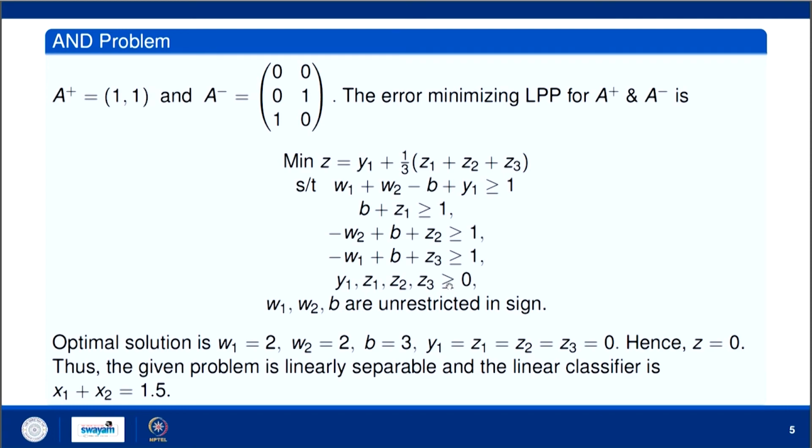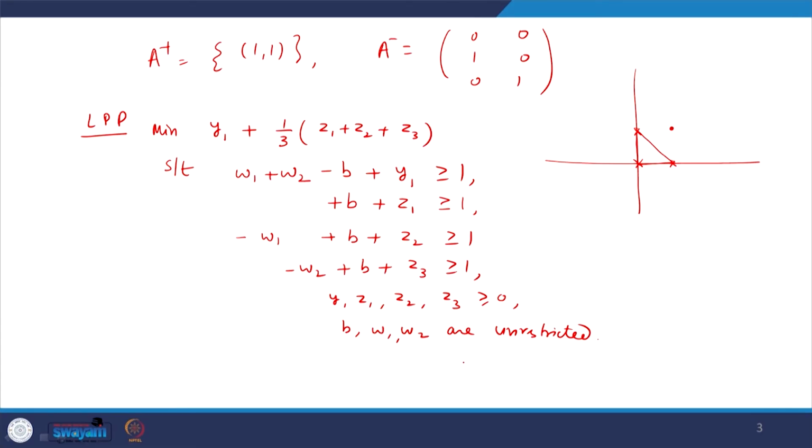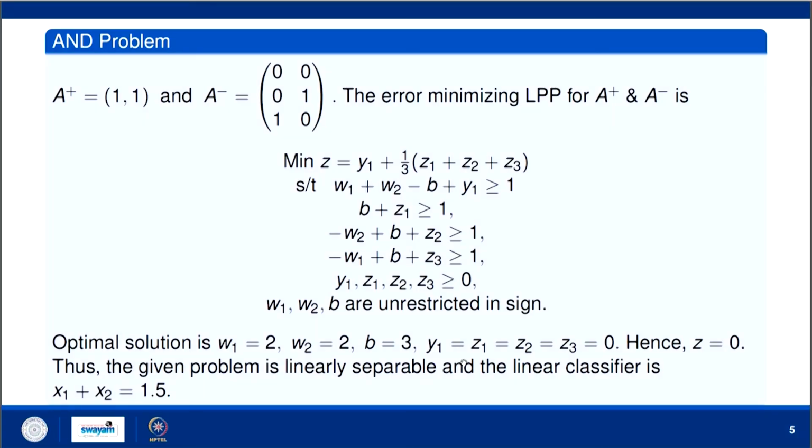Now, if you solve this LPP by any LPP solver, what do we obtain? We obtain W1 equal to 2, W2 equal to 2, B equal to 3, and y1, z1, z2, z3 all are 0. So, the value of the objective function comes out to be 0, and since the objective function comes out to be 0, the problem is linearly separable.